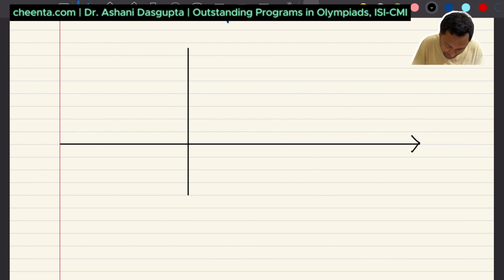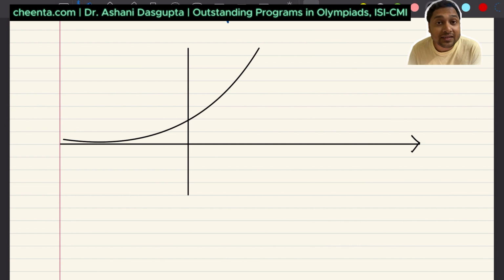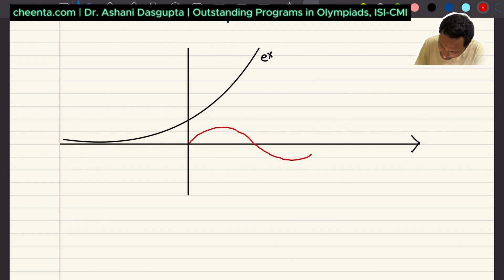So the graph of e to the power x is like this. It's a very well-known graph. It's an exponential graph. This is e to the power x. And what is the graph of sine x? So let's draw this in red. So sine x is like so. Of course, I'm drawing a schematic picture. I'm drawing by hand, so I don't have the accurate picture here.